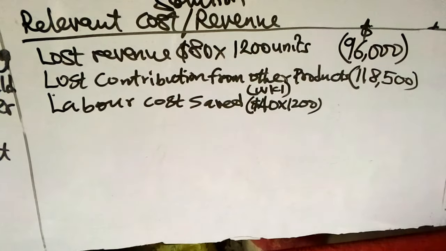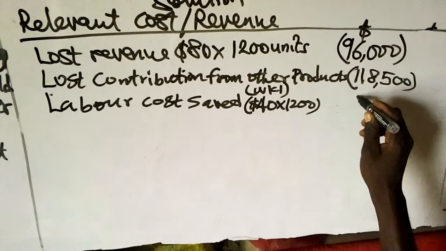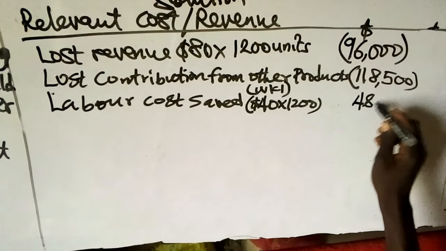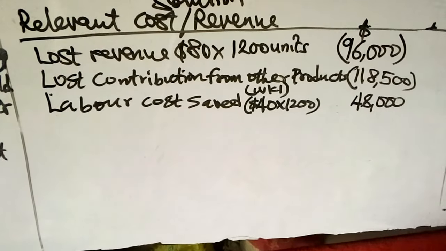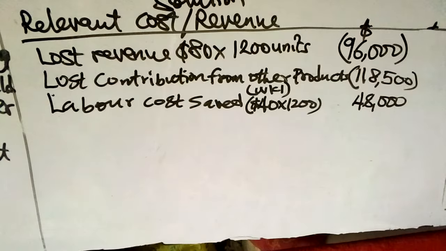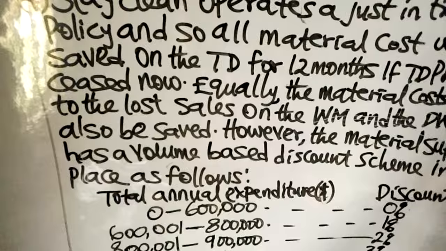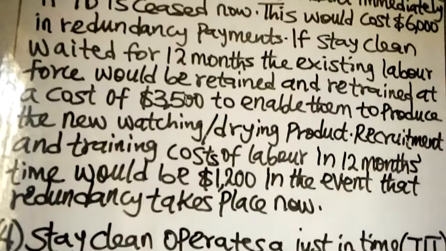That will give us $48,000. That cost will not be incurred. 40 times 1,200 gives $48,000. That is the same note 3. Let's read further.